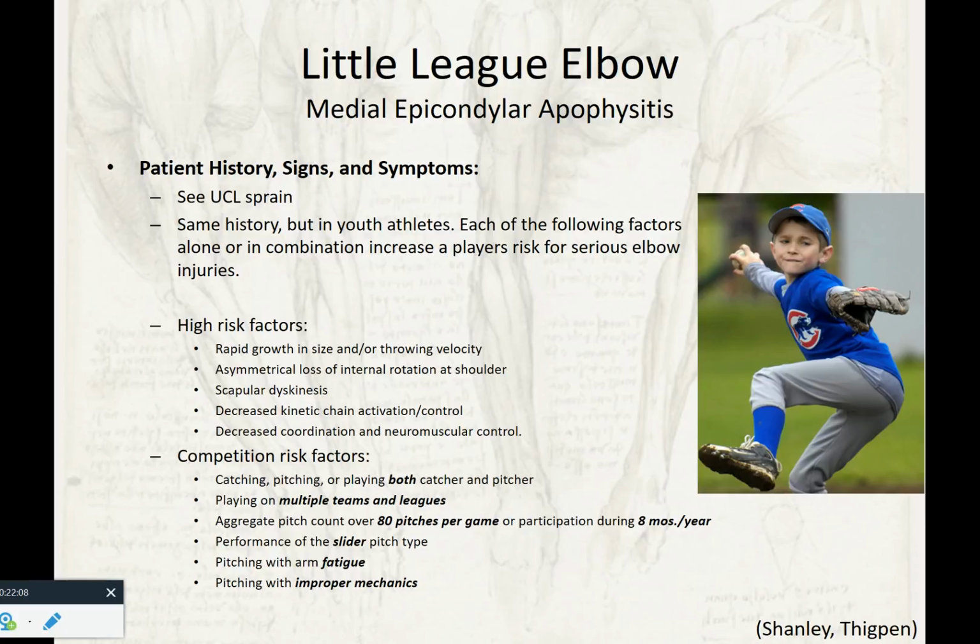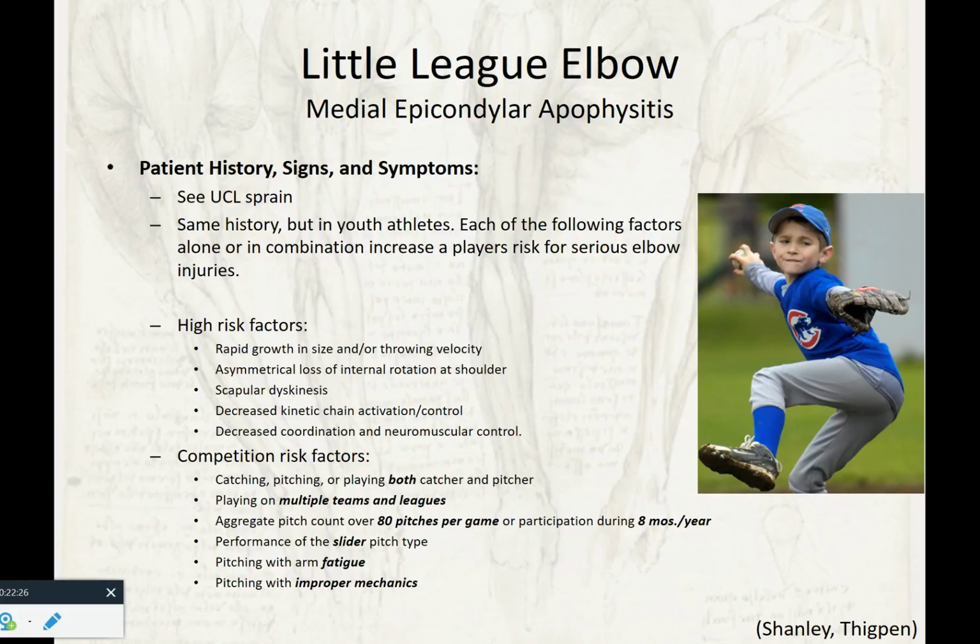What they're thinking is this is posterior joint capsule tightness and posterior muscle stiffness of the shoulder. Scapular dyskinesis is also a risk factor, as well as decreased kinetic chain activation and control, and decreased coordination and neuromuscular control.